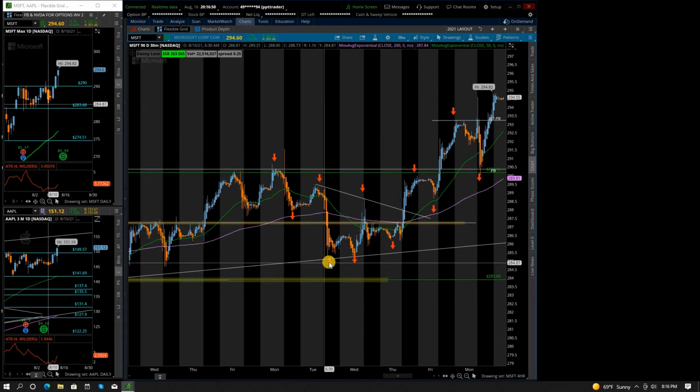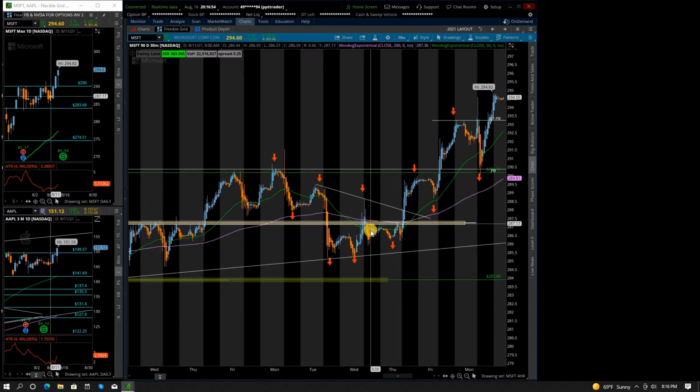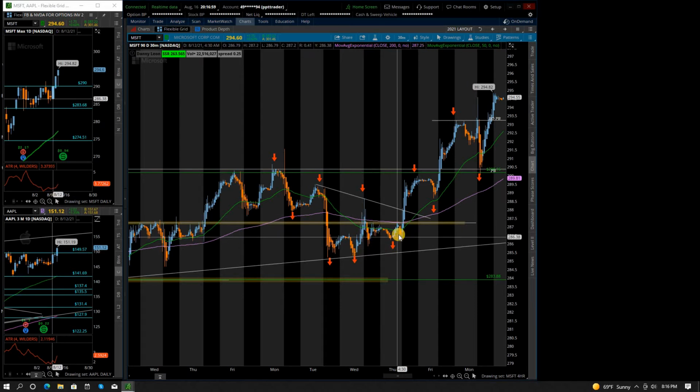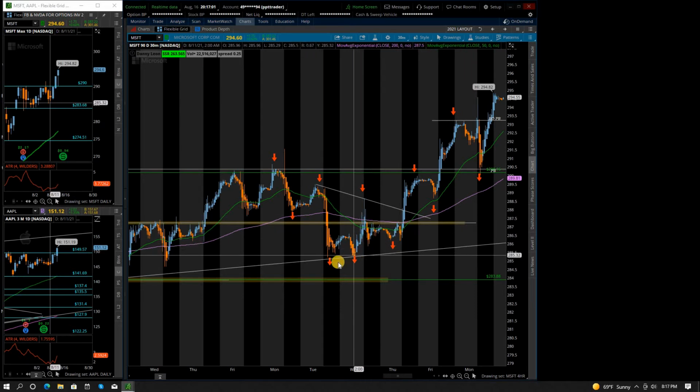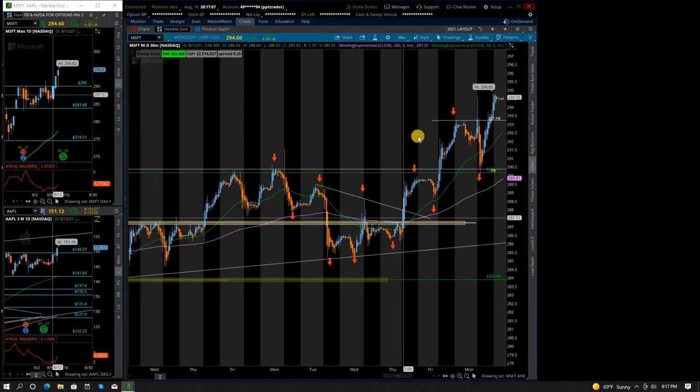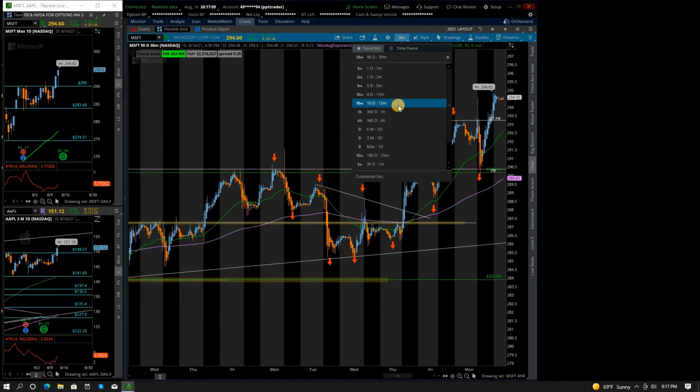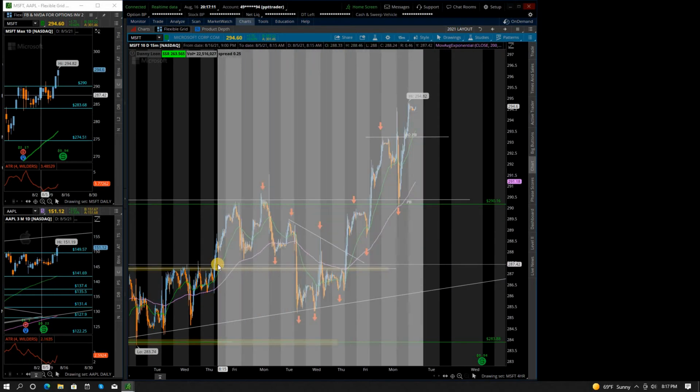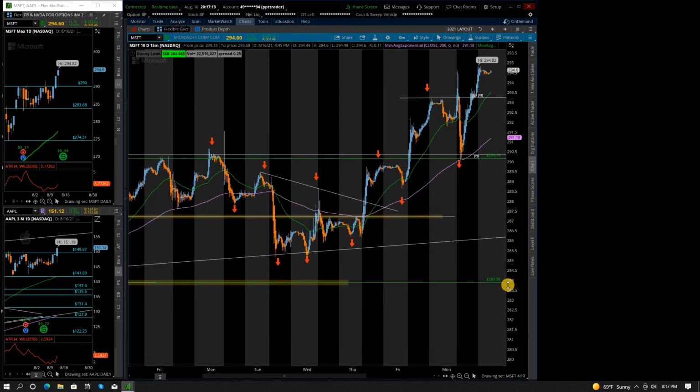Once it makes a double bottom and a higher high, I'm willing to start going long. That's one thing that I look for: a double bottom and a break of that double bottom to start going long.